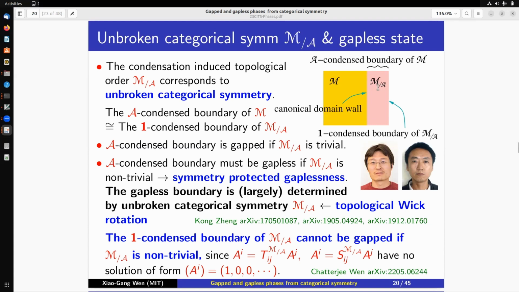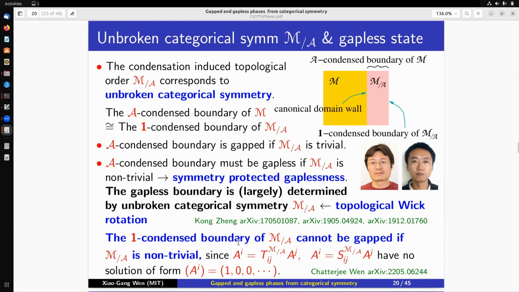Then the boundary between M/A and the vacuum can no longer have any additional condensation. So we consider this one-condensed boundary on this part. This combination can be viewed as a condensed boundary of M. So therefore, we consider a one-condensed boundary of M/A.